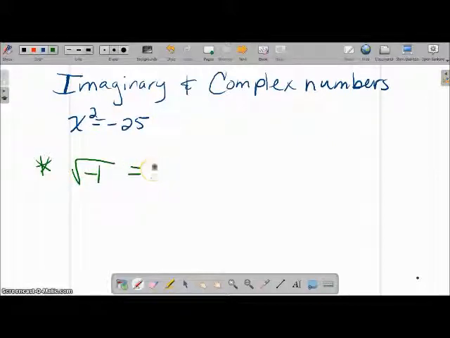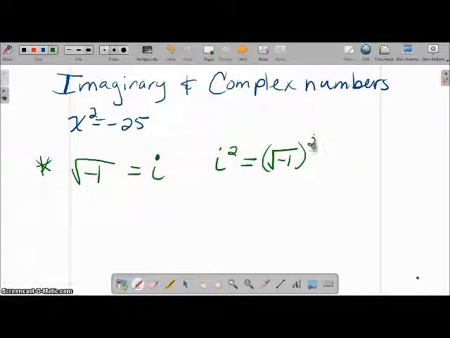The square root of -1 is denoted with the lowercase i, okay? i is the square root of -1. This is very, very important to know. The other thing that is very important to know is what i squared is, because it turns out that when you square i, you actually get a real number. So let's think about what this would be. i squared, we know that i is the square root of -1.